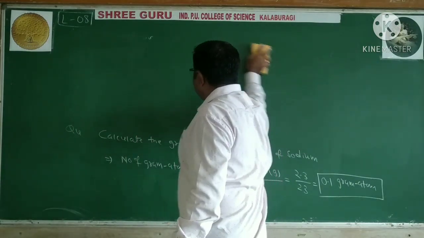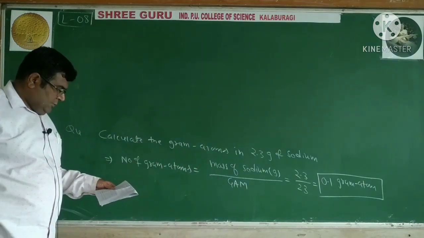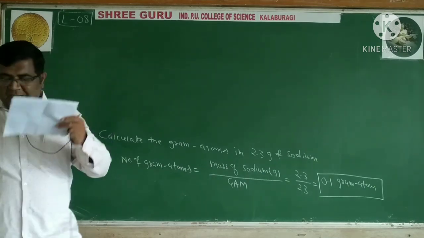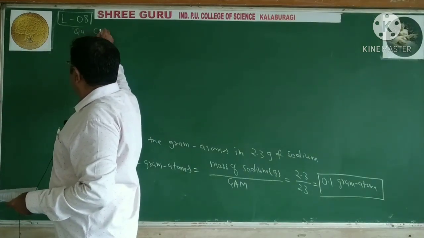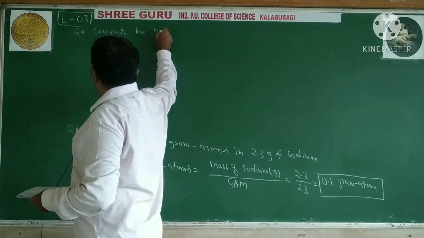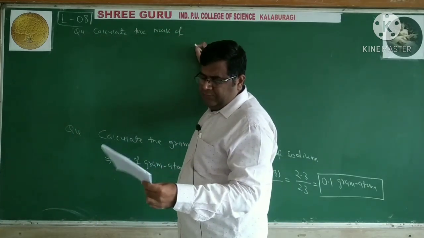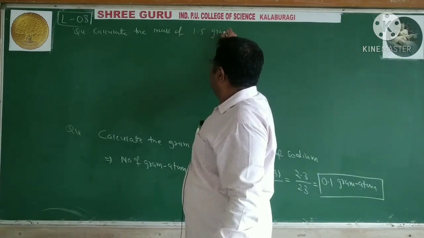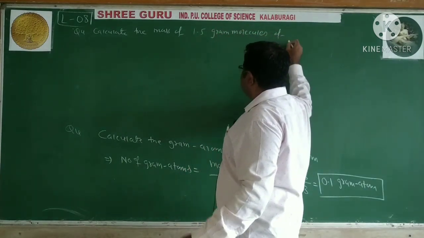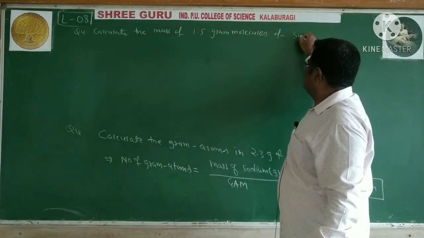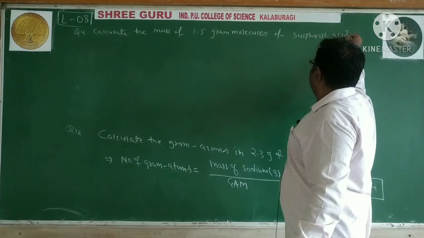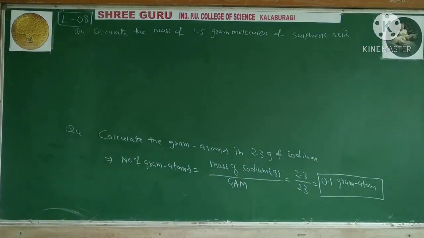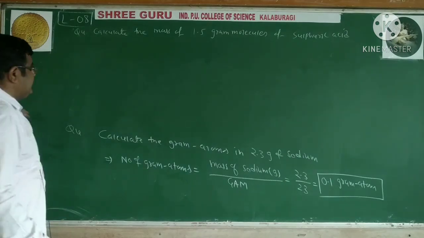See the next one now. Calculate the mass of 1.5 gram molecules of sulfuric acid.